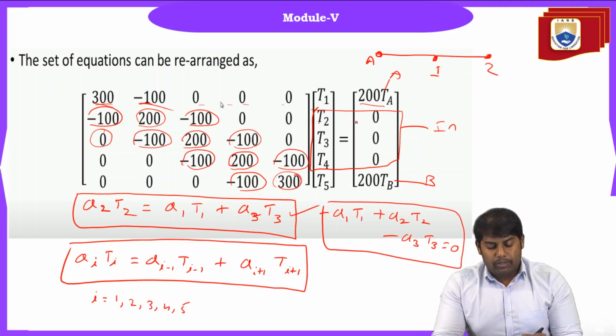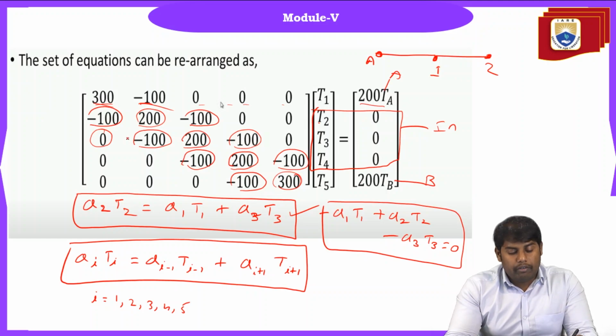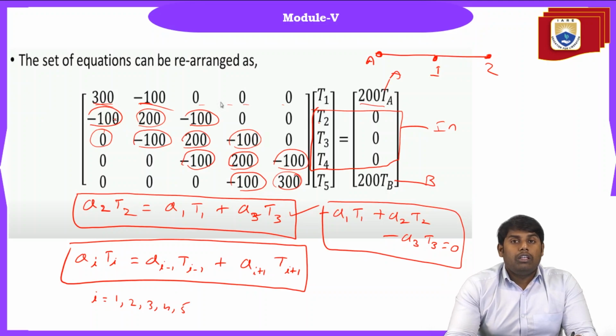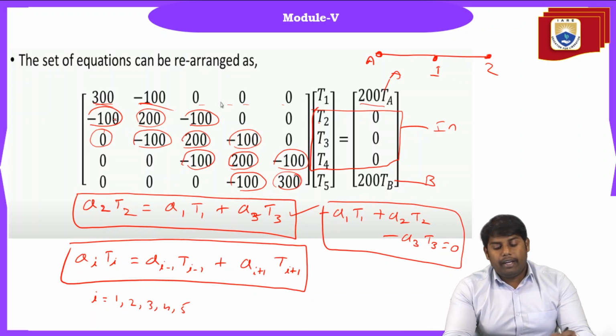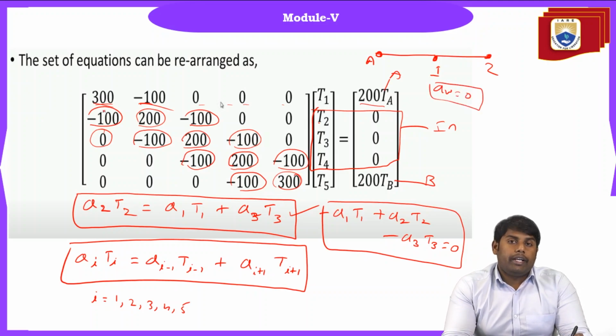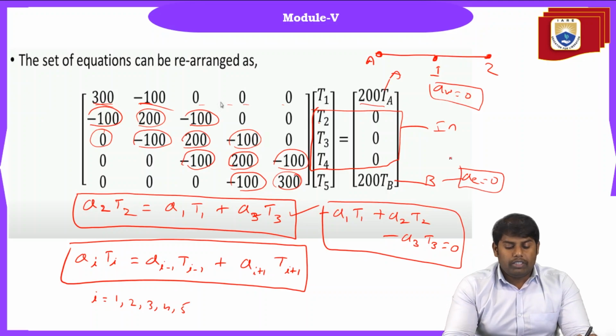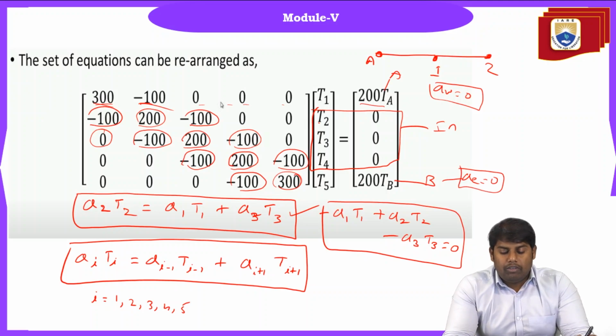Fine. So that's why the equation, whatever we have, for the first equation which is having the wall, we apply AW as 0. Similarly, for the right boundary, AE as 0. So what is the significance? What is happening?